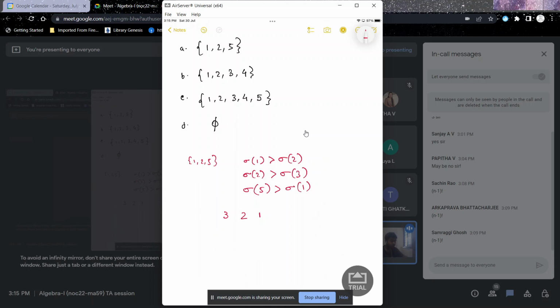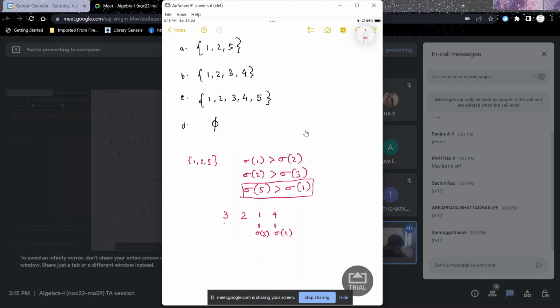And then observe that 3 has not been mentioned in the set. In other words, sigma of 3 should not be greater than sigma of 4, because if it were so, then 3 would also get included in the set, right? So this is not the case, and therefore let's take sigma of 4 to be 4. So clearly sigma of 3 is not greater than sigma of 4.